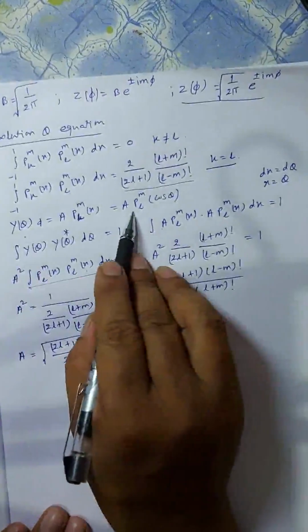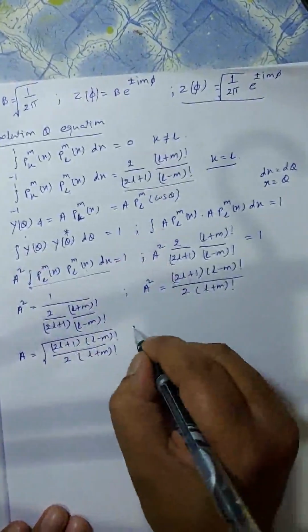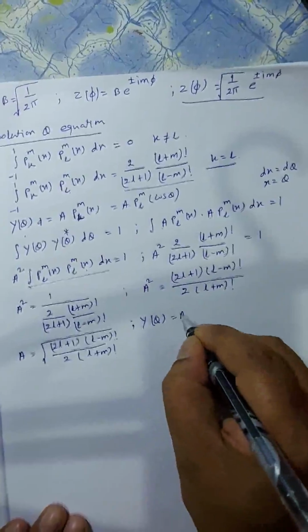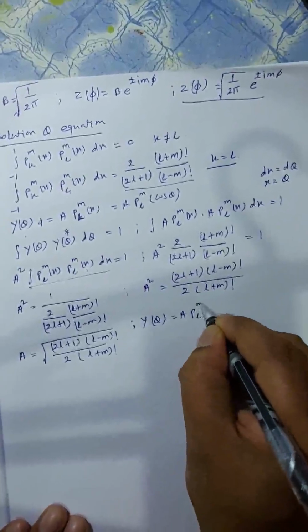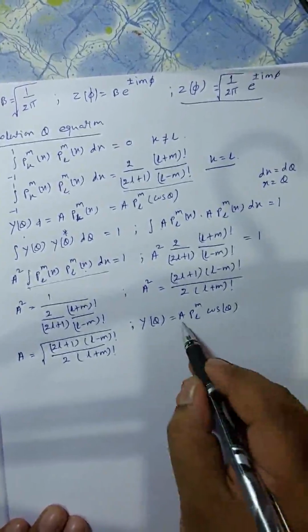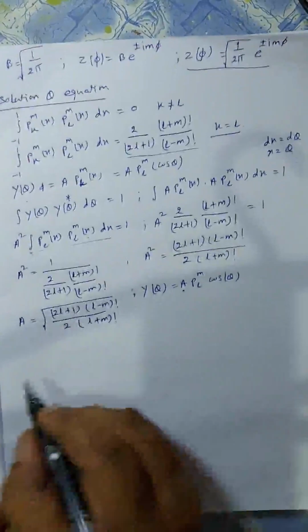Then what is my equation? Y(theta) is equal to a P_l^m(cos theta). So in place of a, I write this value.